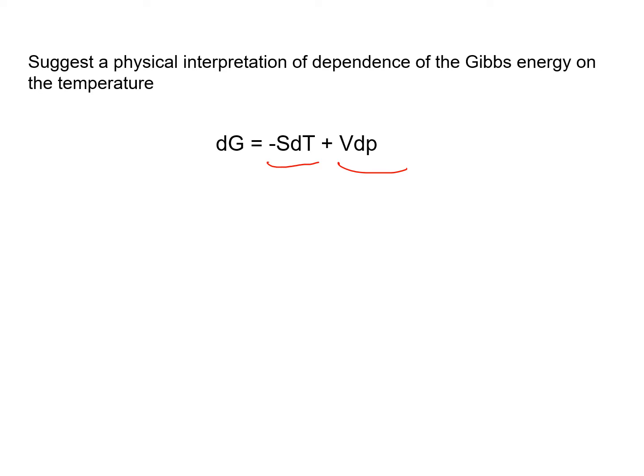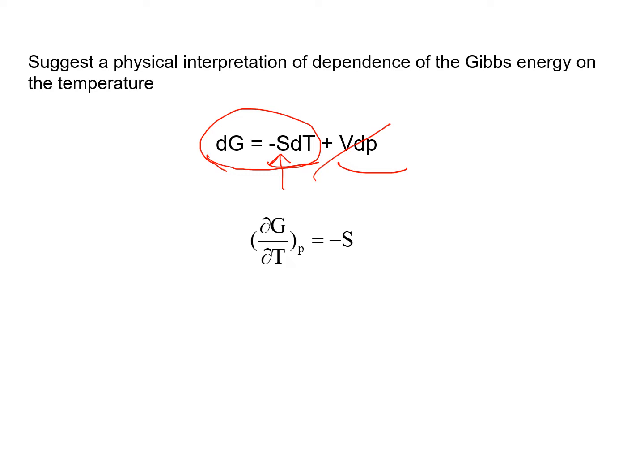If pressure is constant, then this tells you how Gibbs energy changes with temperature. And this coefficient is the derivative of Gibbs energy over temperature under constant pressure.